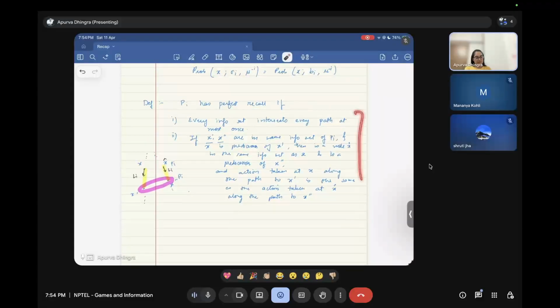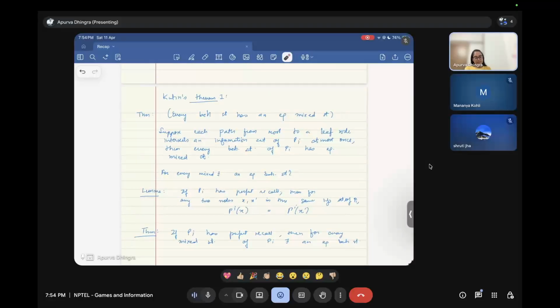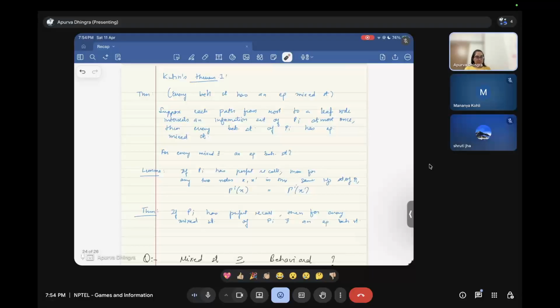So if there is perfect recall, then there are relations between mixed and behavioral strategies. Part 1 is that every behavioral strategy of a player has an equivalent mixed strategy. Part 2 is the following: if a player has perfect recall, then every mixed strategy is equivalent to a behavioral strategy.